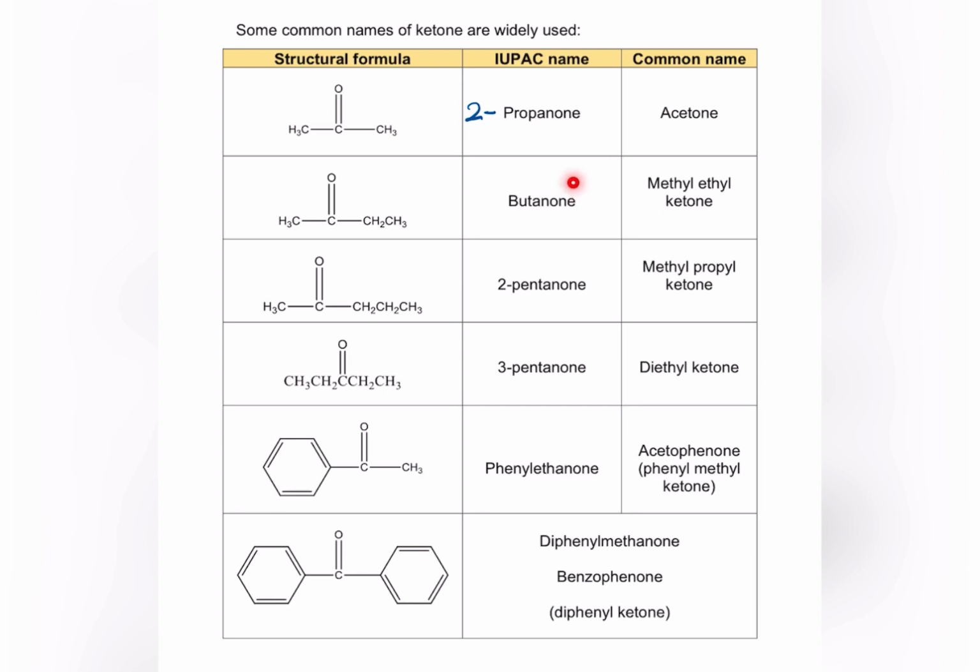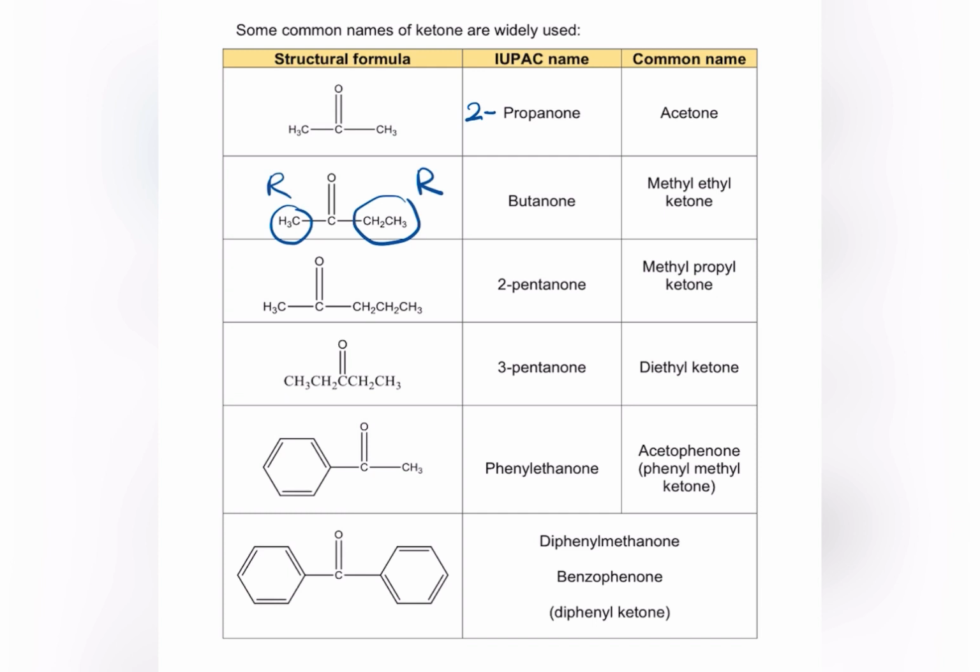And get back to butanone. The other common name for butanone is methylethyl ketone. Why? Because you have ketone with two alkyl groups. The first one is methyl, the second one is ethyl. So that's why methylethyl ketone. Next, I have 2-pentanone, and the common name will be methylpropyl ketone.